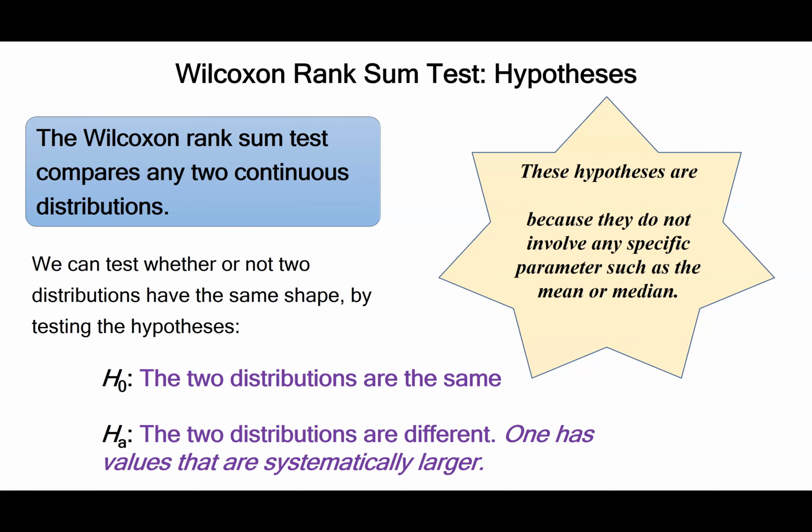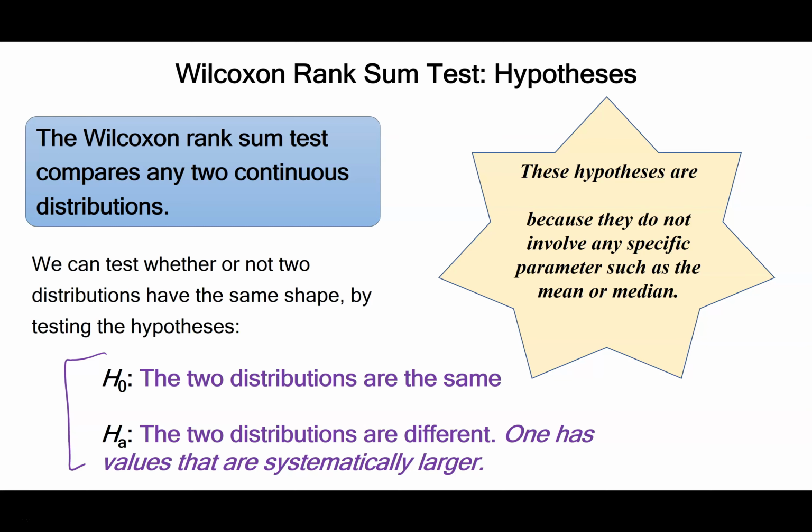So the Wilcoxon rank sum test, hypotheses. Here it's interesting because these hypotheses are going to be about distributions. The null is just going to say the distribution of population 1 is the same as the distribution of population 2.